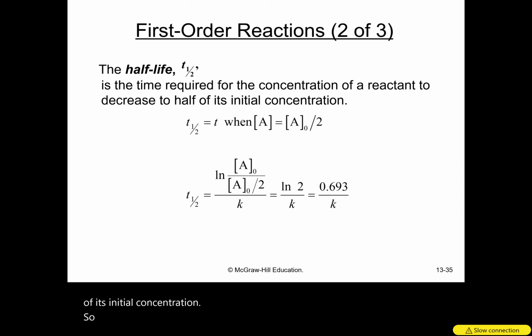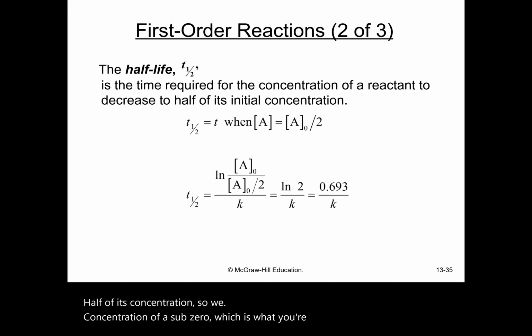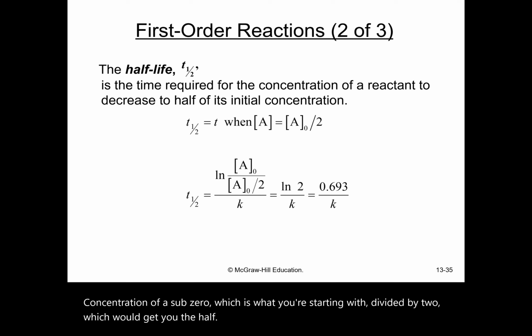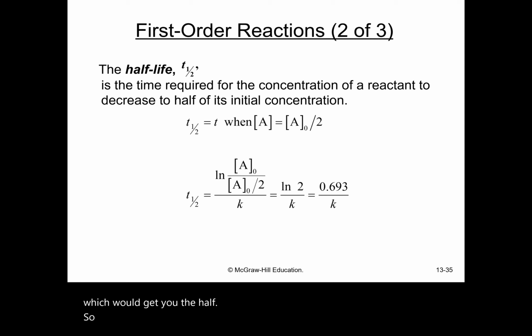So T sub half is equal to t when the concentration of A is equal to half of its initial concentration, so concentration of A sub 0, which is what you're starting with, divided by 2, which would get you the half. So you can do some math here and get rid of the natural log, and we get that the equation for half-life is equal to 0.693 over k.